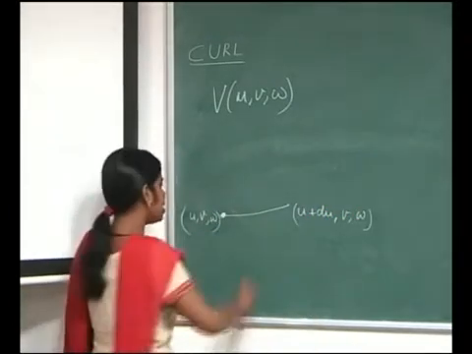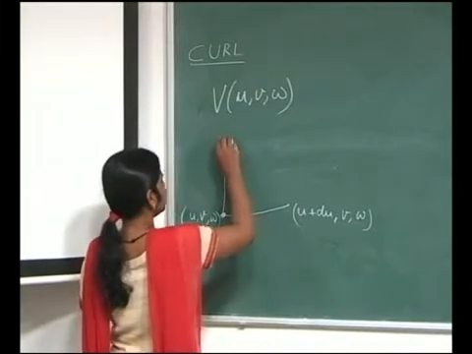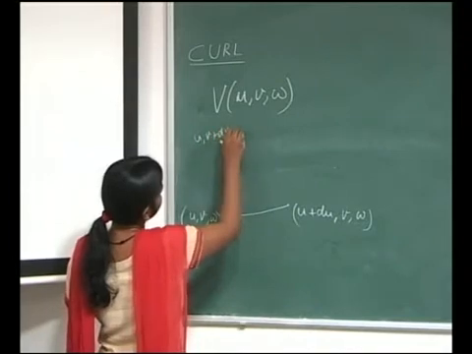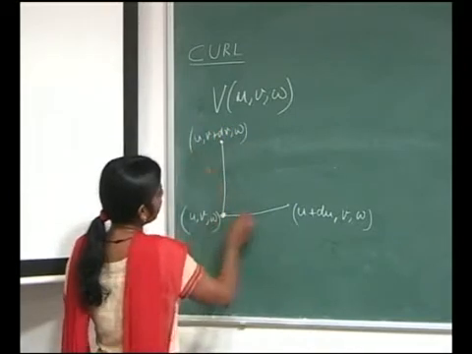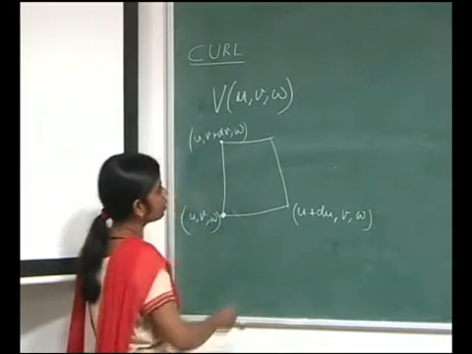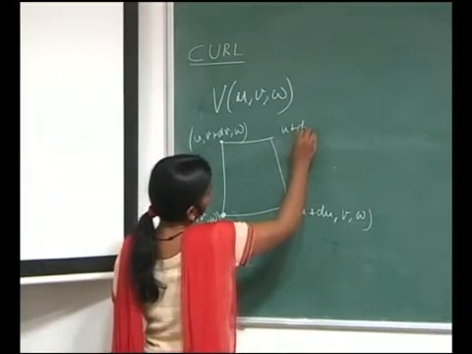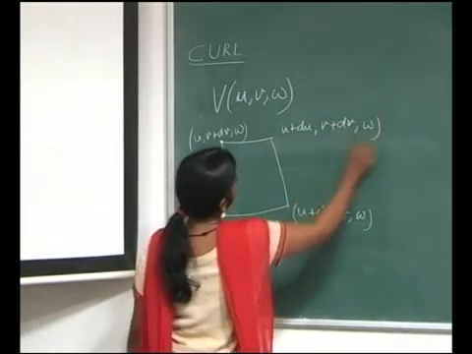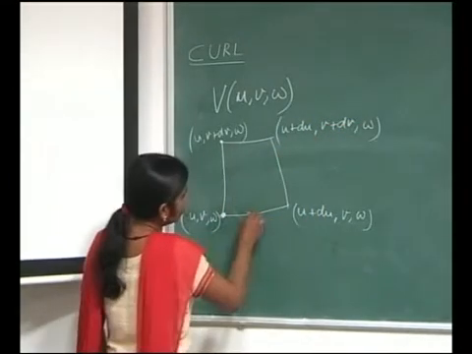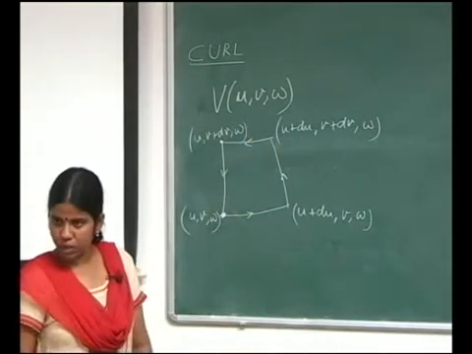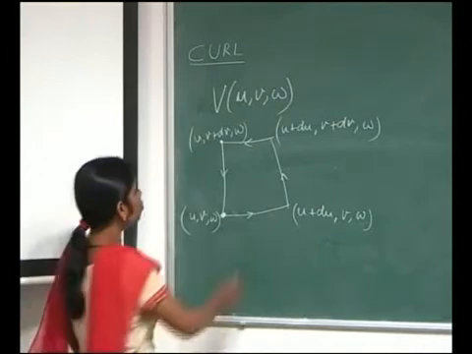Similarly, I give a small displacement in the v direction as u, v plus dv and w, and I complete this and I get something like this. So, here I have u plus du, v plus dv and w. Here I have a loop, I go like this. Okay. So, I move on this loop counterclockwise.